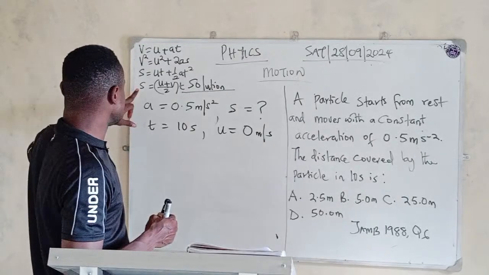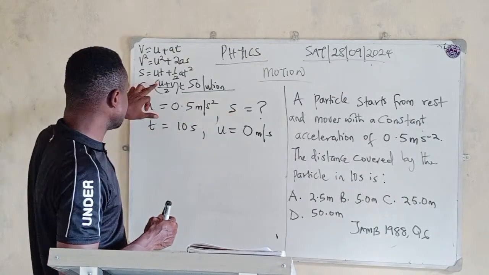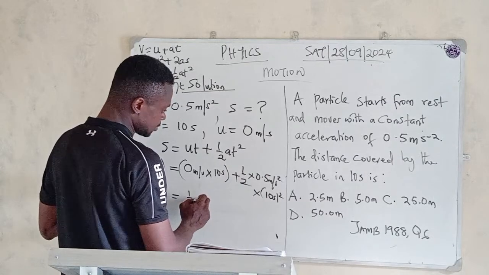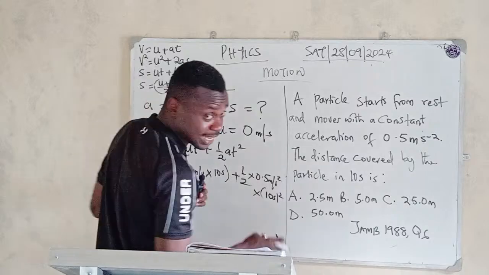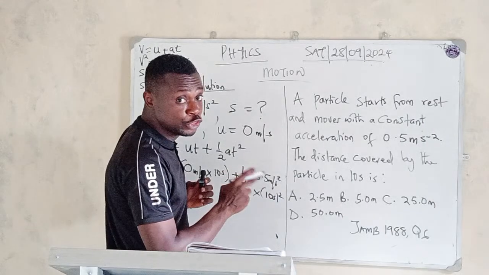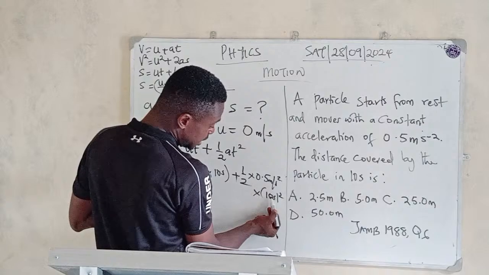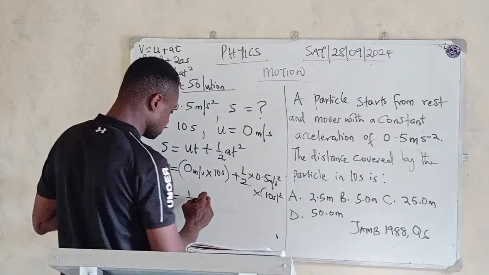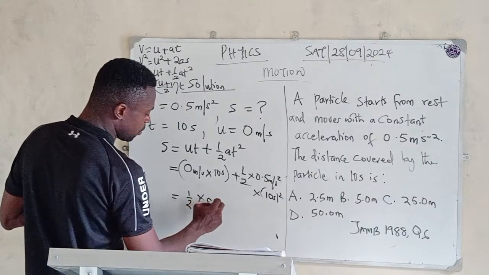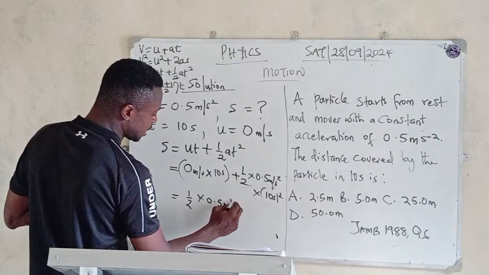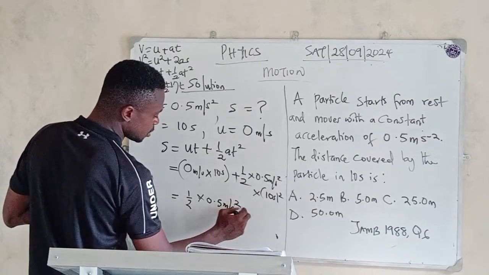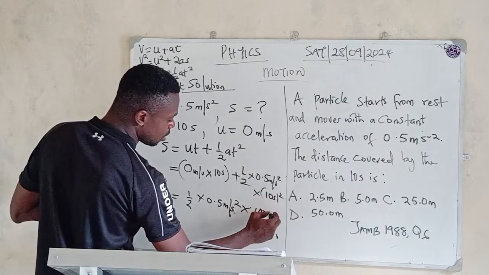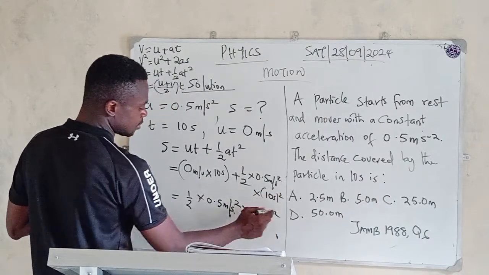The next one, there's s here, there's s here, okay. There's u here. Let's cancel out the unit first. Half times 0.5 meter per second squared times 10 seconds squared. 10 times 10 is 100, so 100 second squared.